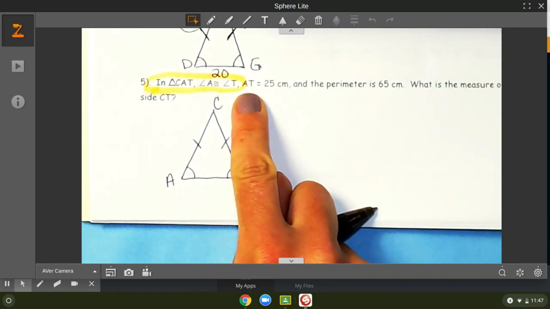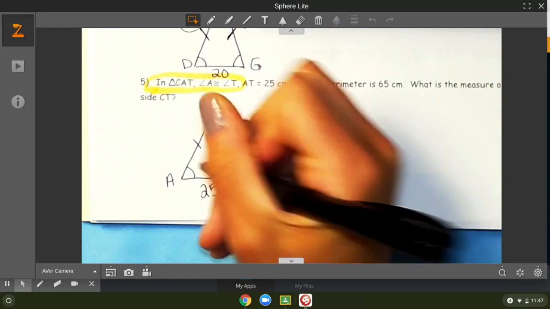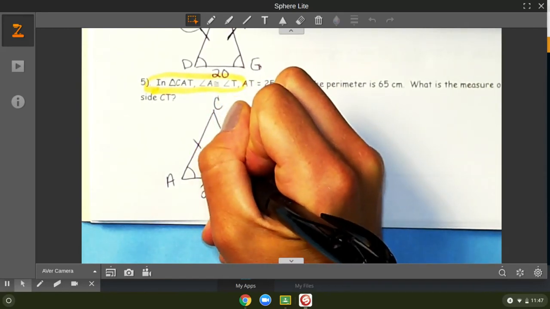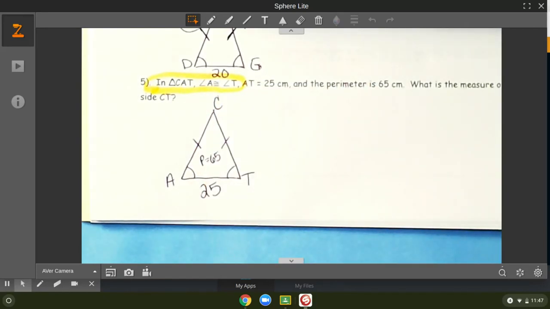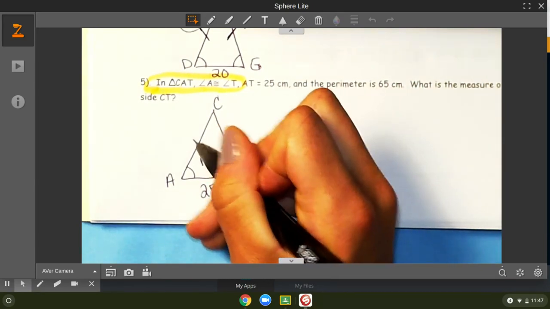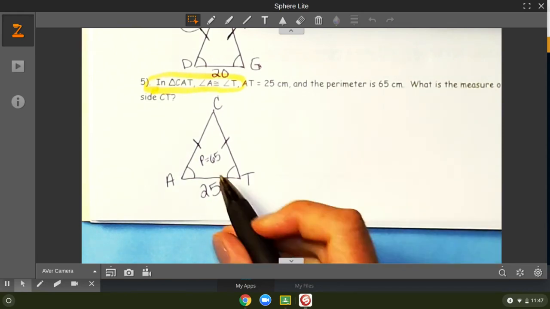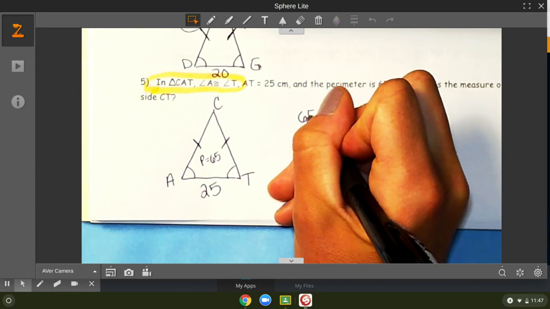Now they told us that AT is equal to 25, and they told us that the perimeter is equal to 65. So what is going to be the measure of side CT? Well, in this case, we're missing two sides. However, those two sides are going to be equal to each other. So we're going to take the perimeter, 65.